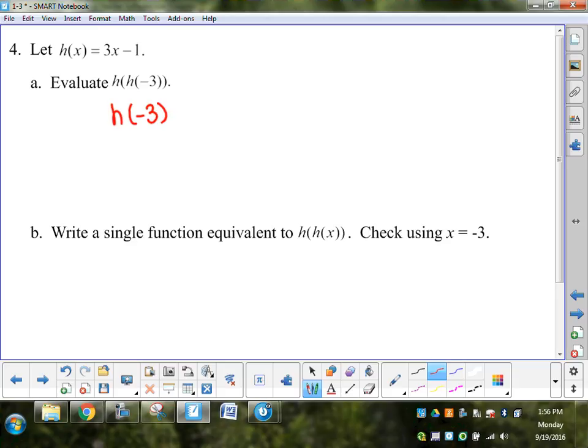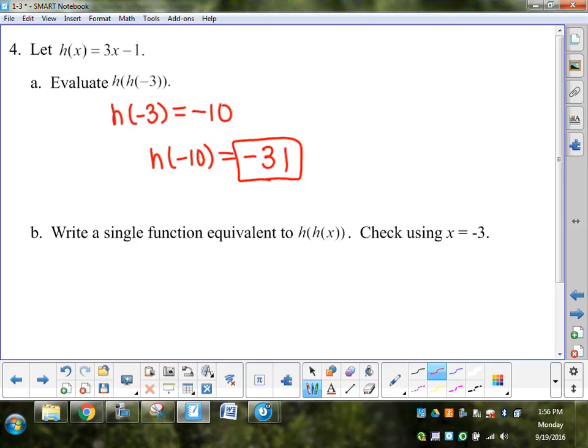Okay, so what number would you get when you took h of negative 3? Okay, what would you do next? Yeah, so h of negative 10, and what would your final answer be? Final answer.